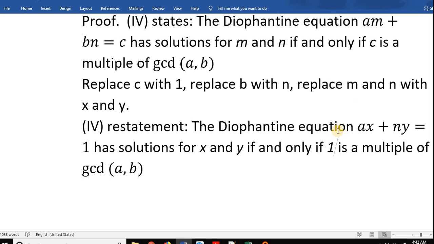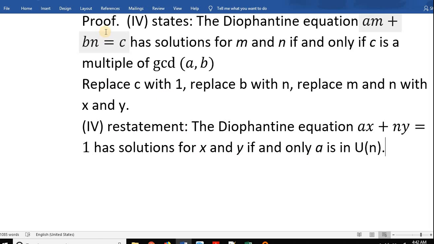We've covered a lot of ground, haven't we? So if and only if a is in U of n. Okay. All right. So let's recap here.